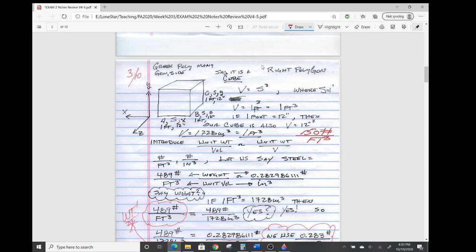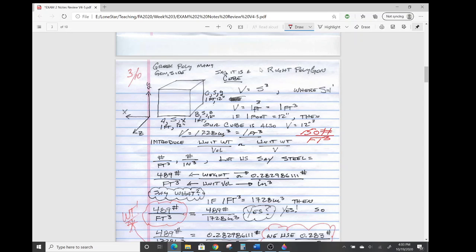But since we know that 1,728 cubic inches equals a cubic foot, we'll just do 150 pounds over a cubic foot. So it's the unit weight. How much does it weigh per a given volume? And it could be in cubic feet, cubic inches, cubic centimeters, cubic millimeters. It could be in any unit volume, okay?